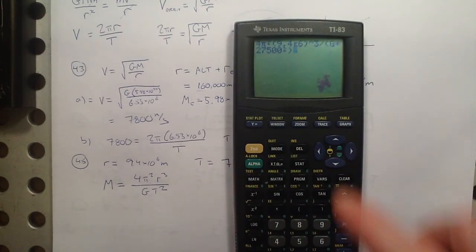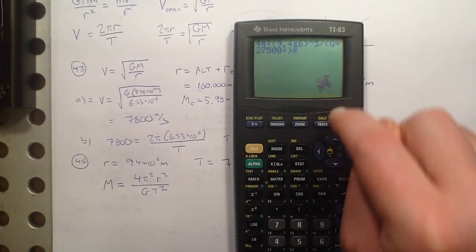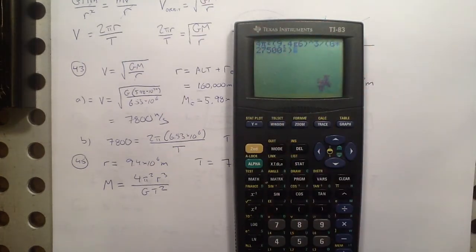I know some of you like to go through and do part of it and then hit enter, and then hit enter. I think there's a benefit to having the whole thing in there at one time so you can really see the whole calculation. I would encourage you to do that.